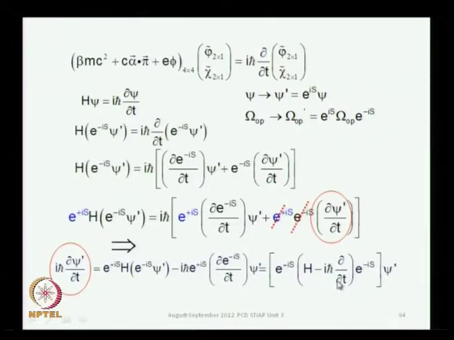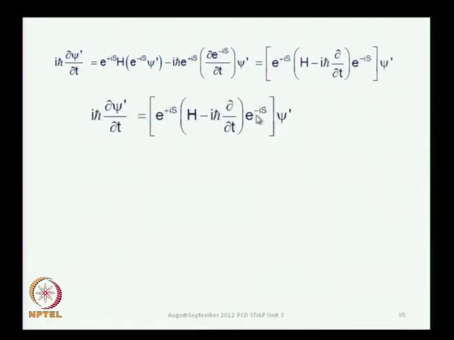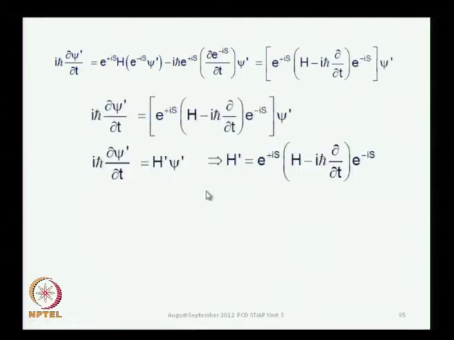We still do not know what the transformation operator is, which if you combine these two terms, you recognize that this is a transformation of this operator H minus i h cross del by del t. This is what we have, and what it tells us is that the new Hamiltonian in the transformed representation, which is called the Foldy-Wouthuysen transformation.